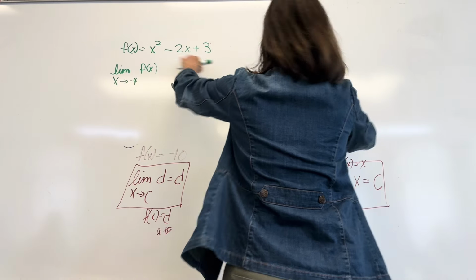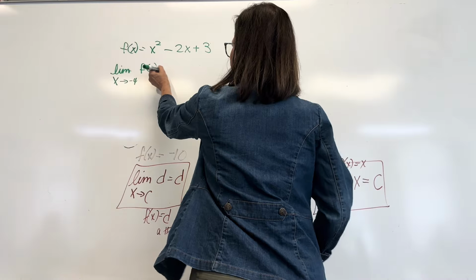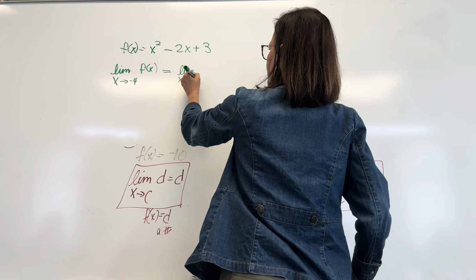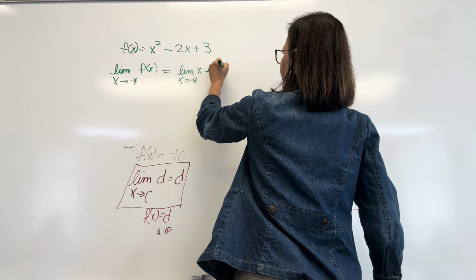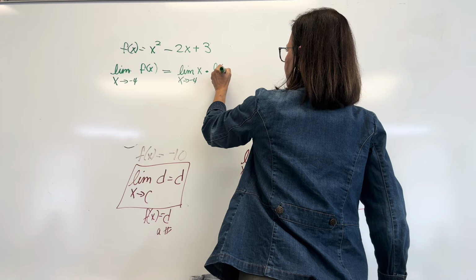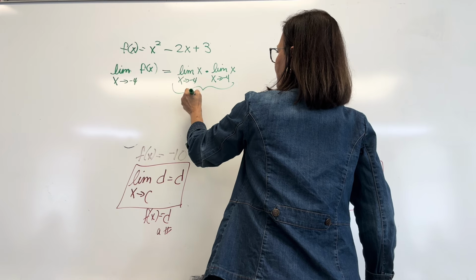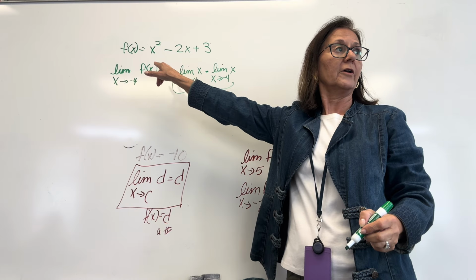I could break this equation up. And I could say it's the limit as x approaches negative 4 of x times the limit as x approaches negative 4 of x, so that this represents the x squared. It's the limit of each individual term. Are you following me?